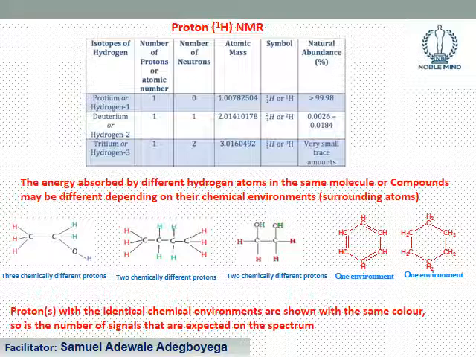The first carbon carries 3 hydrogens and is attached to another carbon which carries 2 hydrogens. Let's check the last carbon also. It carries 3 hydrogens and is attached to another carbon which carries 2 hydrogens.